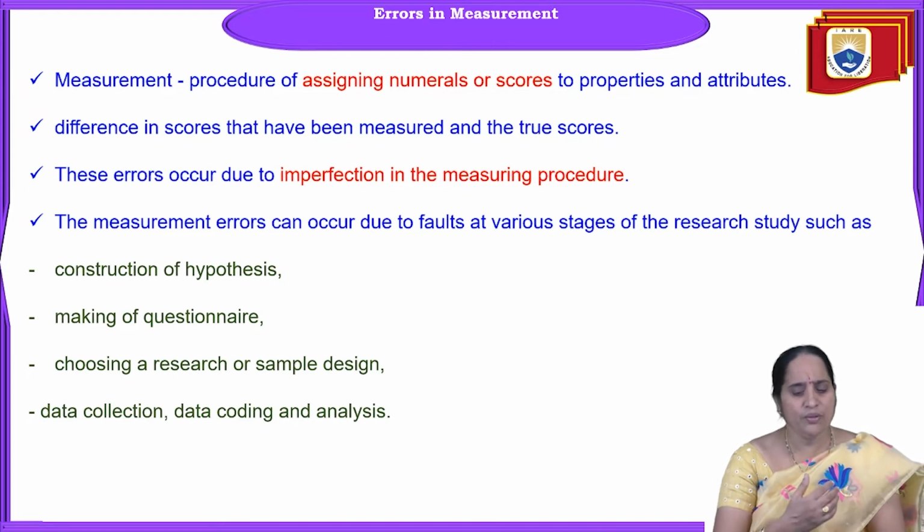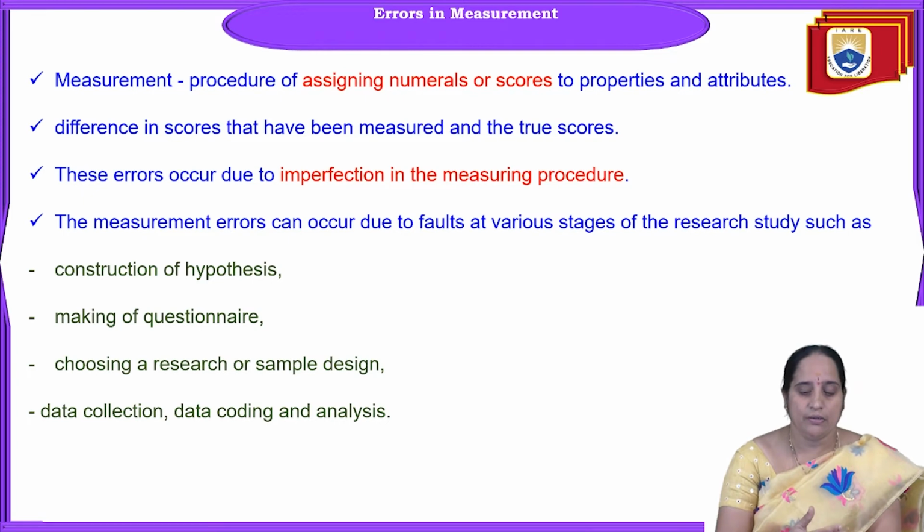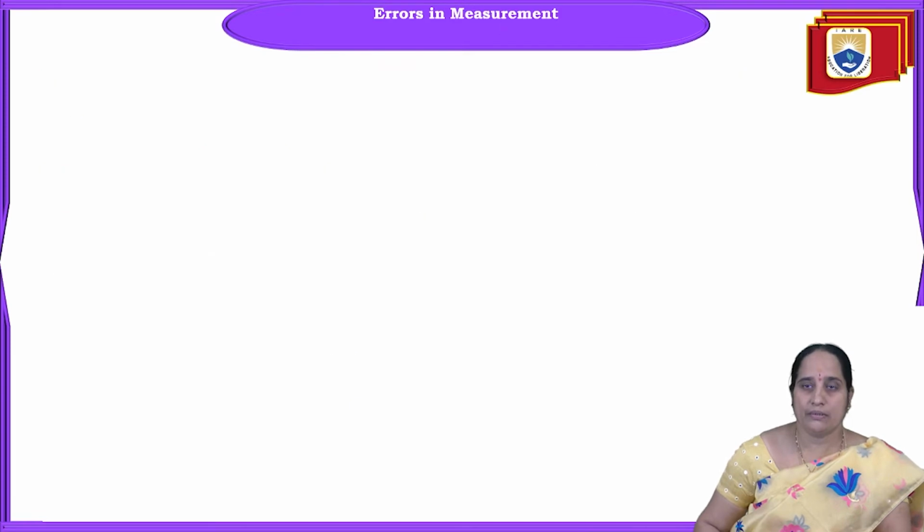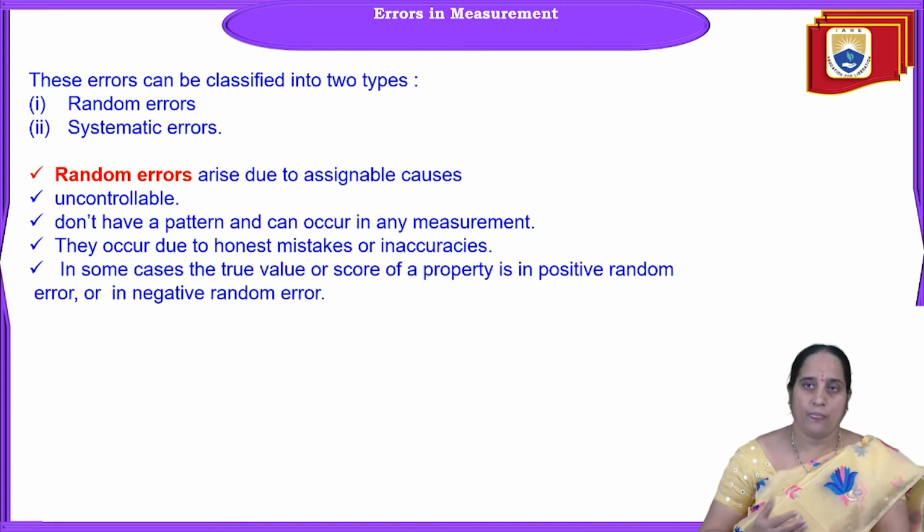Measurement errors can occur due to faults at various stages of the research study: at the time of construction of hypothesis, in making questionnaires, in choosing a research or sample design, in data collection, data coding and analysis. One can have these measurement errors at any one of these stages.